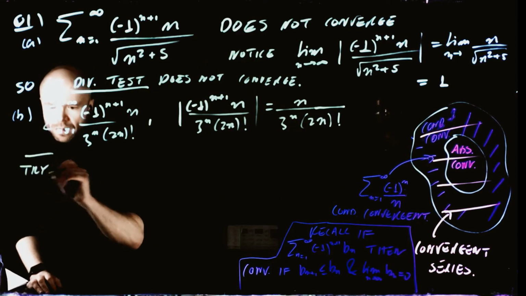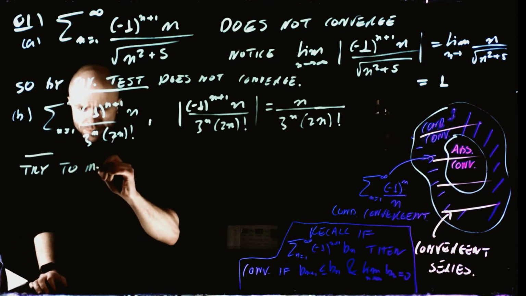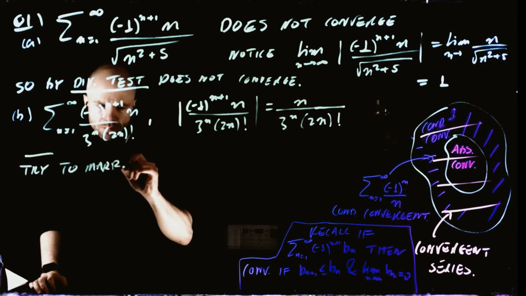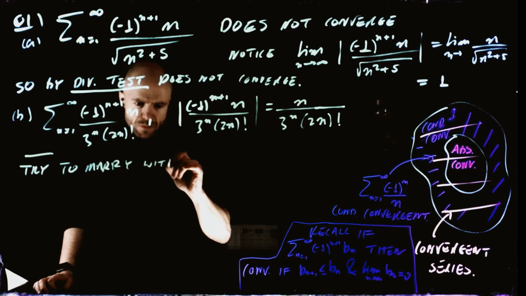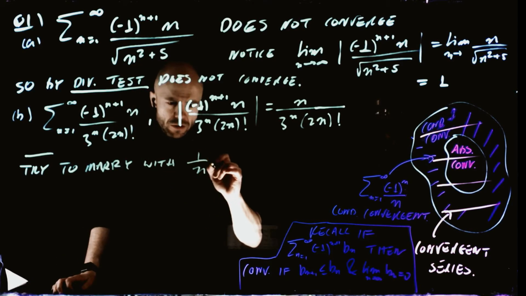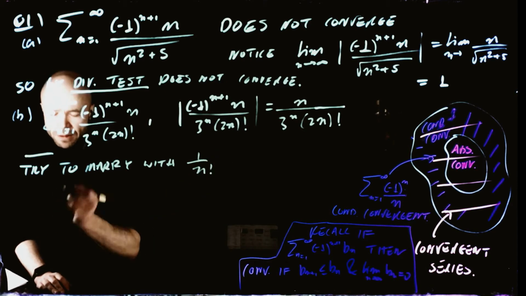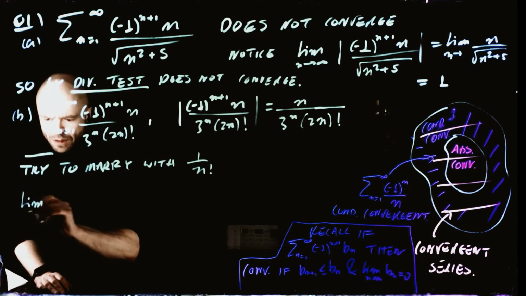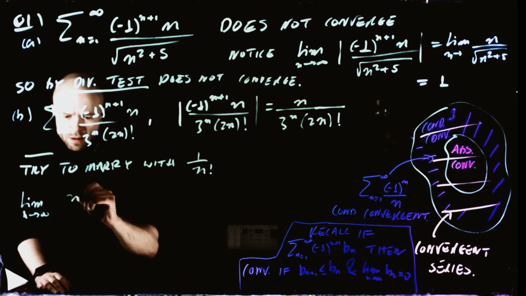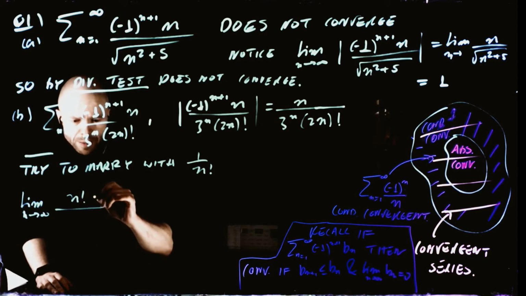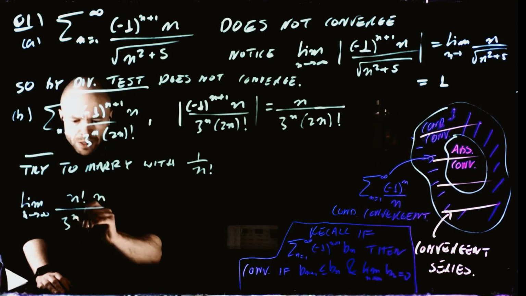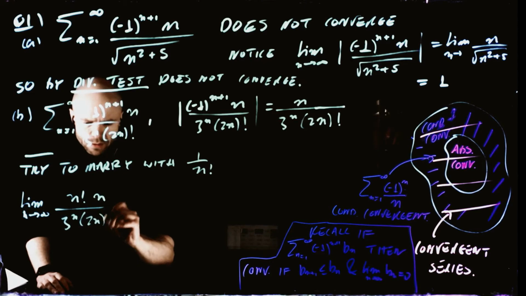Try to marry this with 1 over n factorial. So we're going to take this stuff and divide it by 1 over n factorial. So it's the same as taking the limit as n goes to infinity of n factorial times n over 3 to n factorial, right?